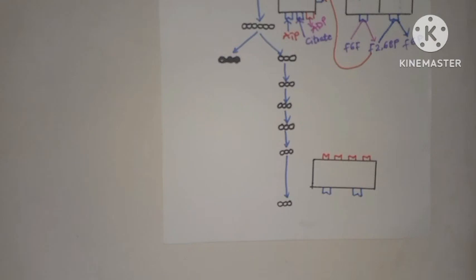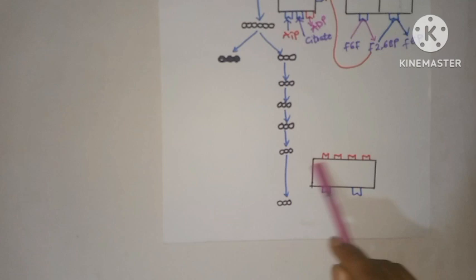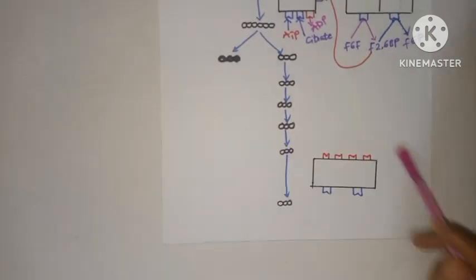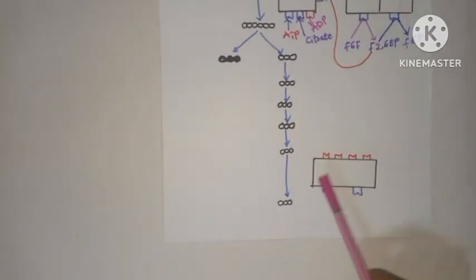Now, let's look at the third enzyme. This enzyme is known as pyruvate kinase. It generates ATP by taking a phosphate from phosphoenolpyruvate and adding this phosphate to ADP to make more ATP.